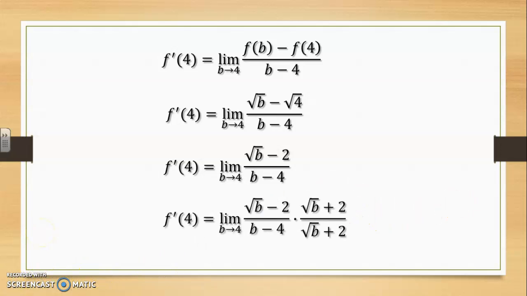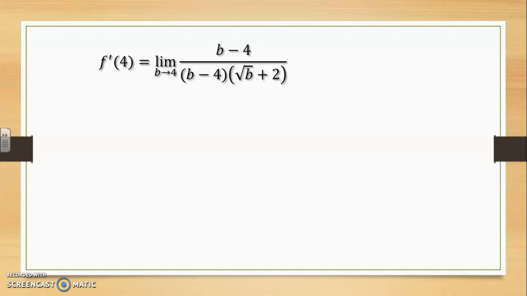So we're ready to move on, and to solve this 0 over 0 form, the use of rationalization probably comes to mind. So we're going to multiply by the conjugate of root b minus 2, which happens to be root b plus 2, obviously above and below. If we expand the numerator, root of b minus 2 times root of b plus 2 results in b minus 4.